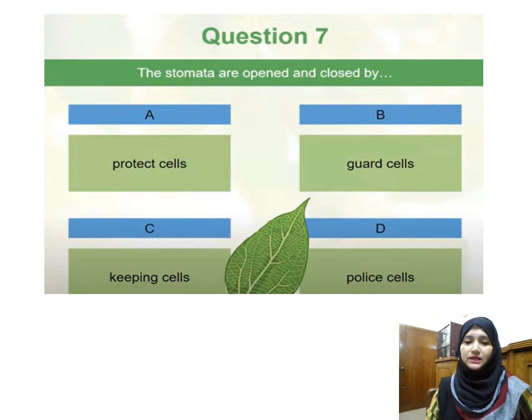The next one is the stomata are opened and closed by: A, protect cells, B, guard cells, C, keeping cells, and D, police cells. The right answer is guard cells. The stomata are opened and closed by guard cells. Their opening and closing is controlled by guard cells.